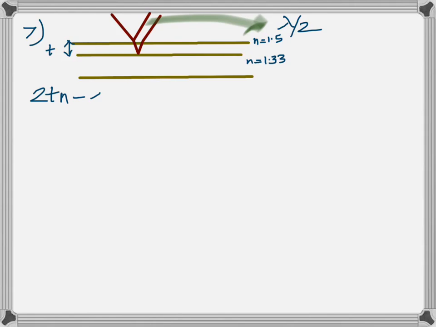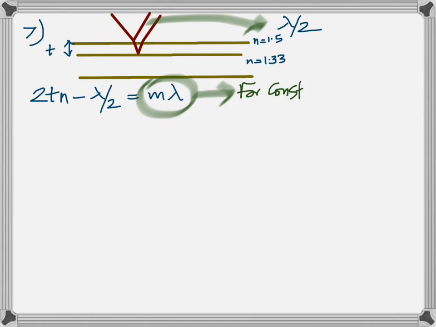Here the refractive index of oil is bigger. In the first case, it's going from air into 1.5, 1 to 1.5, so there is an additional path difference of lambda by 2. But in the second case, it's going from a bigger 1.5 to a smaller 1.33, so there is no additional path difference. Therefore, when you take the difference between the two, there's only one that underwent that, so there's no cancellation. You have to take 2nt minus lambda by 2.